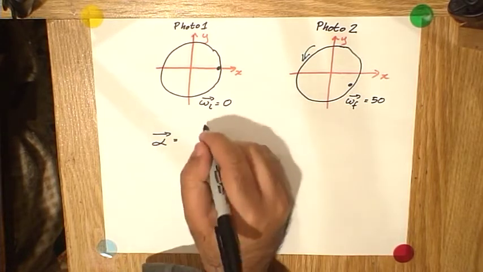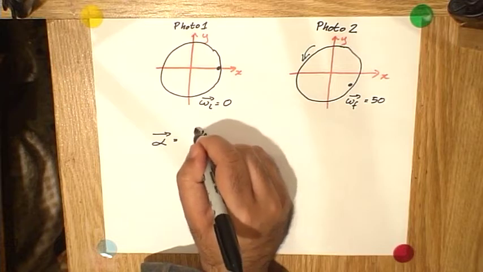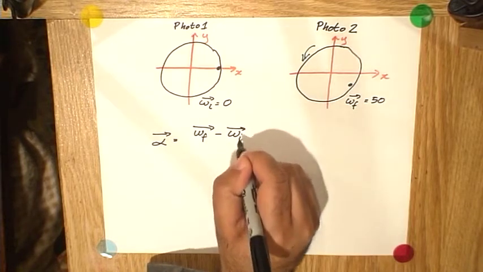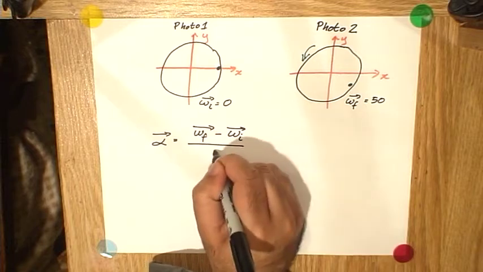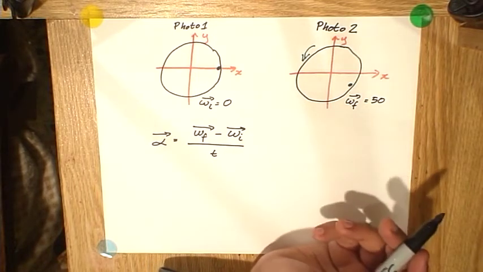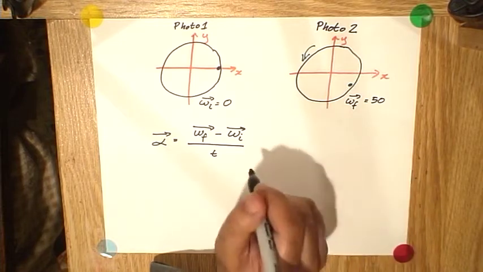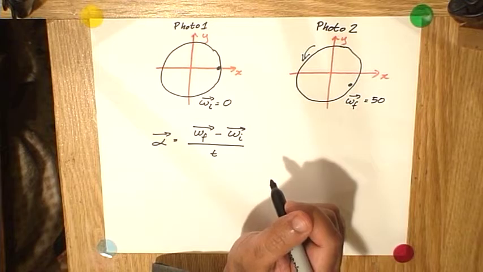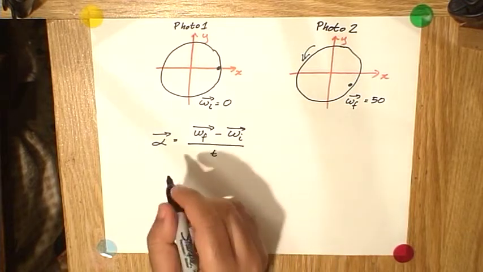Acceleration is equal to final velocity minus initial velocity, all divided by time. So we're assuming here that the acceleration is uniform. In that case, this is a perfectly good equation for solving for that acceleration.